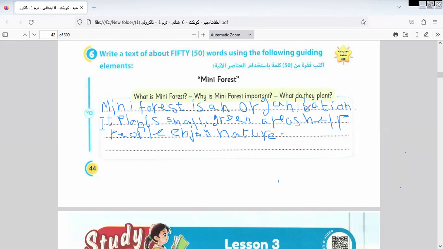Many Firsts is an organization. It plants small green areas, help people enjoy nature.